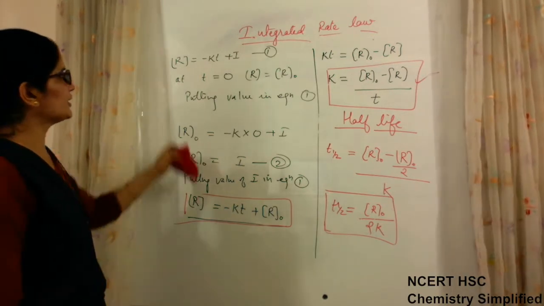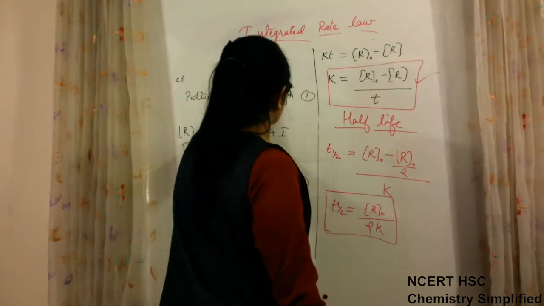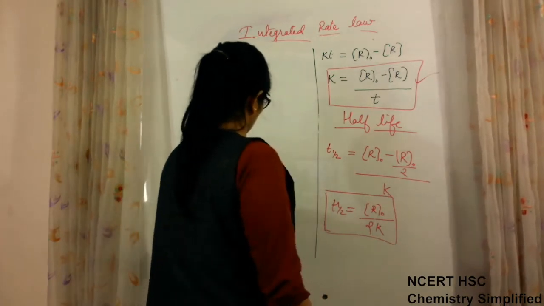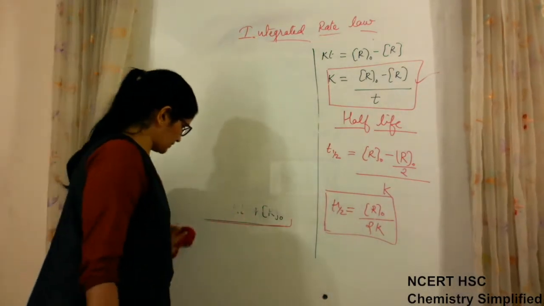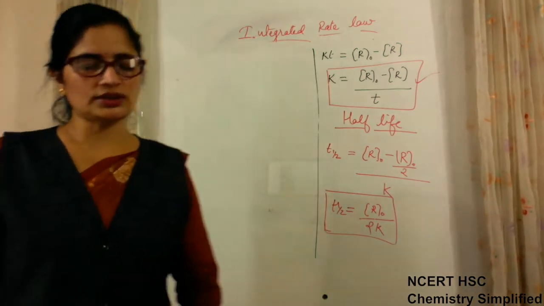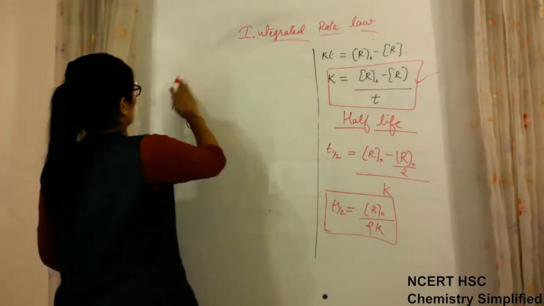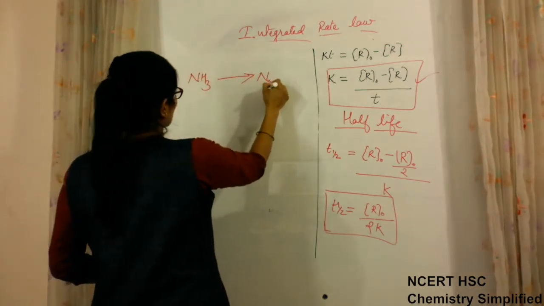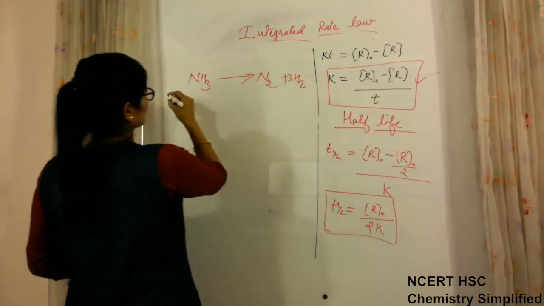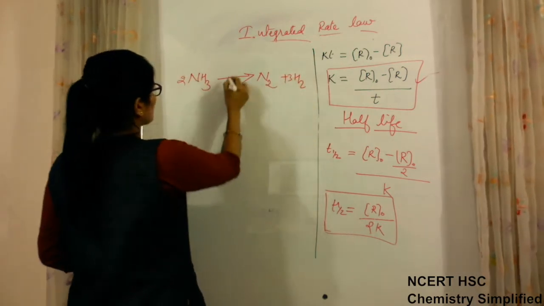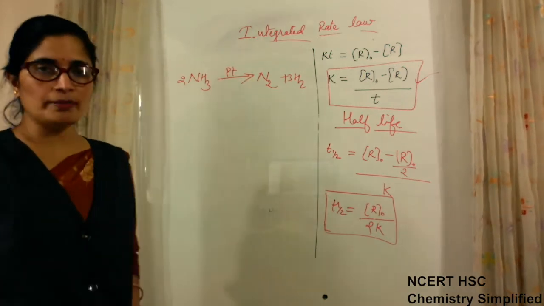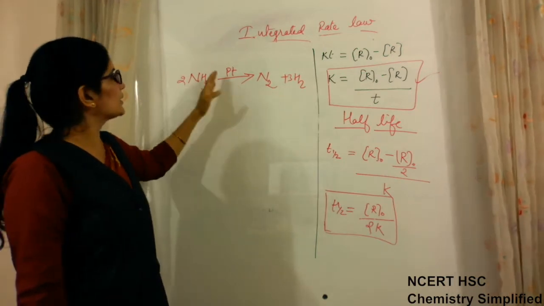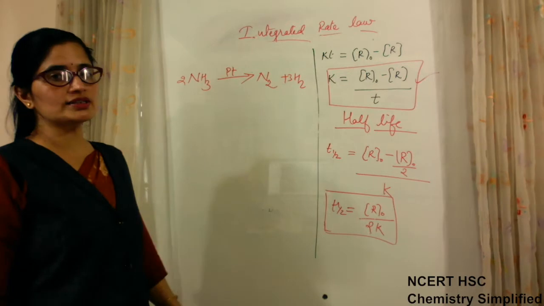Now examples of reactions which follow zero order kinetics. So two reactions we have to remember. Sometimes examples are also asked in 1 mark questions, that which is a zero order reaction. Decomposition of ammonia to give N2 plus 3H2, 2NH3. So decomposition of NH3 in presence of platinum metal catalyst is an example of a zero order reaction.